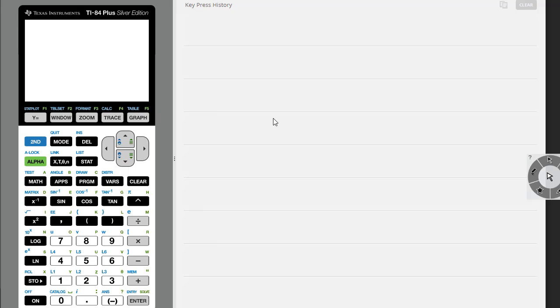It says evaluate these common logarithms. When we say common log, that means base 10, right? So you can see common logarithms with the calculator.